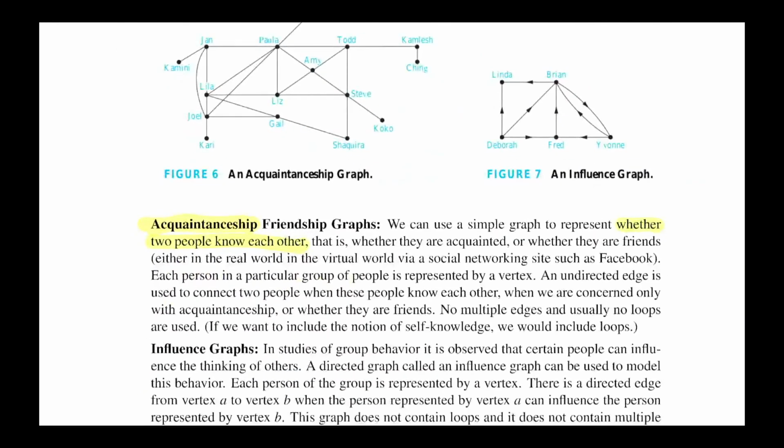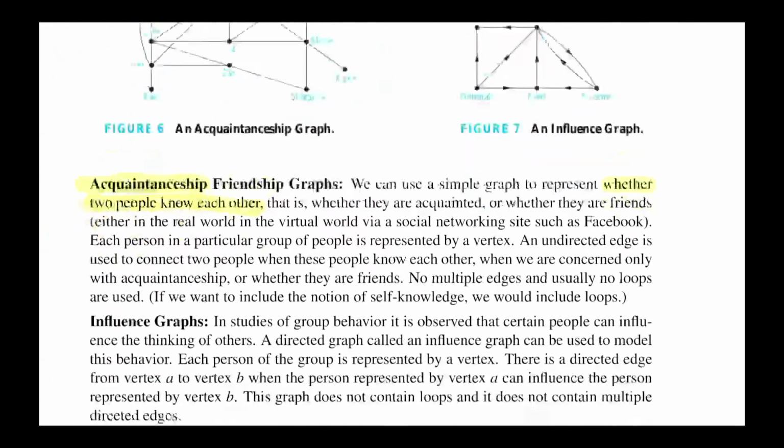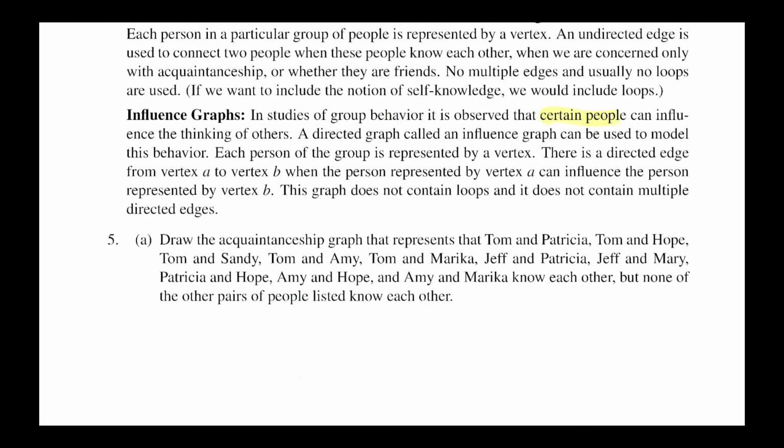All right. Then you can have an influence graph. An influence graph is kind of the same thing. It's a little more complicated. In this case, we can scroll down and look at it. Certain people can influence the thinking of others.